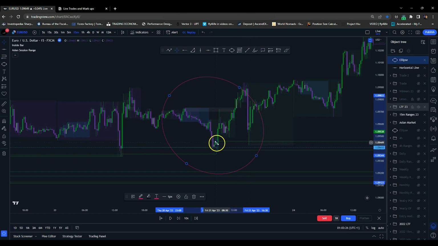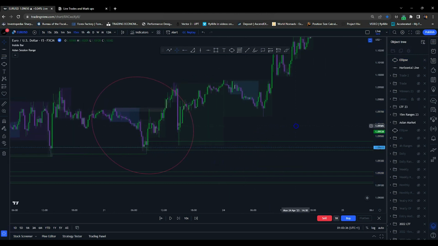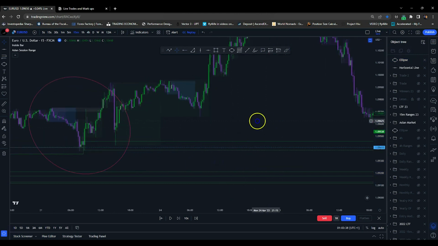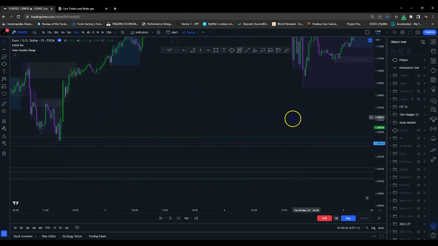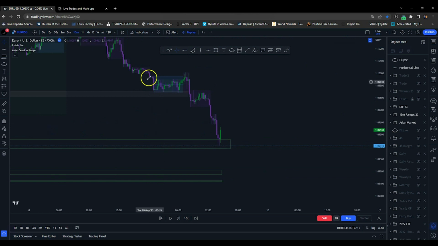Yeah, here's our little extremity with the point of interest. You could say it already got mitigated there, but we're actually going deeper into this strong point of interest here. And I was waiting to see on our 1 minute, we got our entry model, and I was going to send it again because I liked it, man.